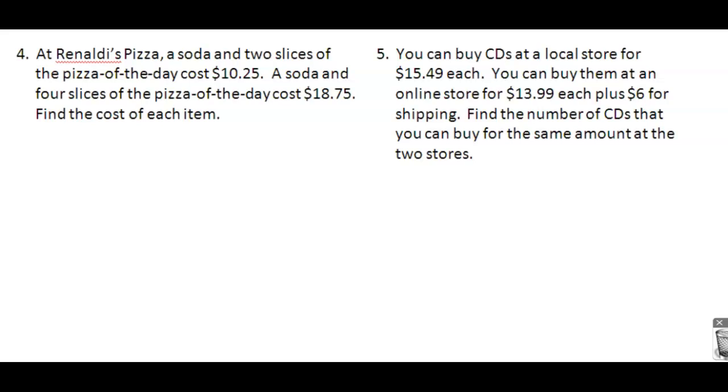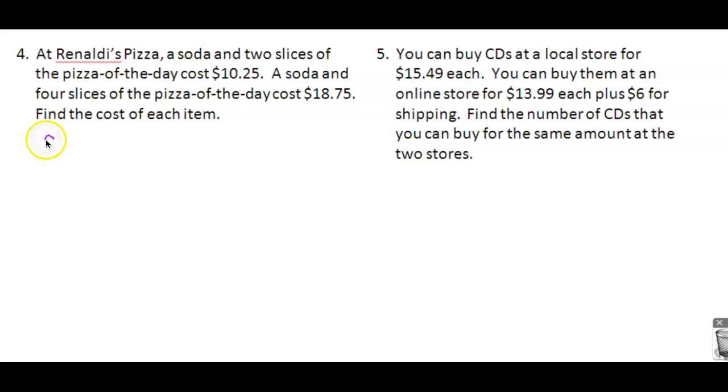We have Rinaldi's Pizza. They offer a deal where a soda and 2 slices of pizza cost $10.25, or a soda and 4 slices of pizza cost $18.75. Find the cost of a soda and a slice of pizza using our systems of equations.